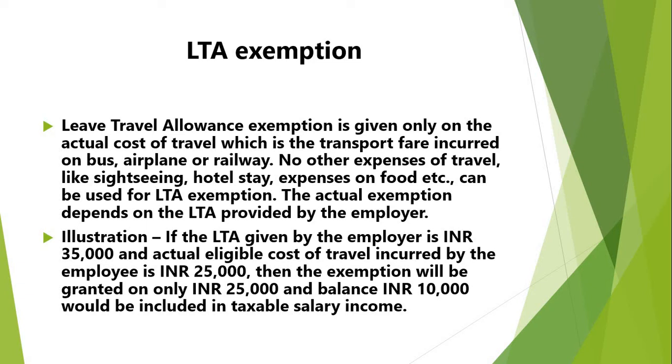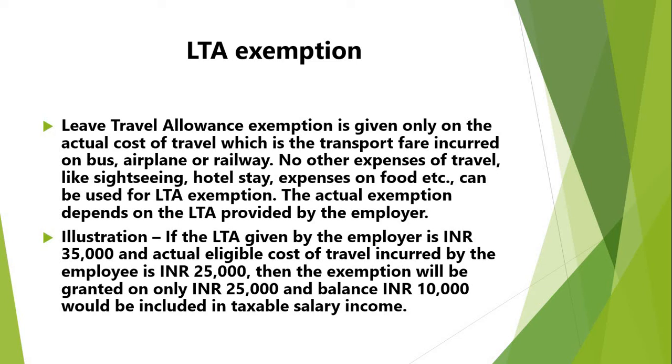The actual exemption depends on the LTA provided by the employer. For example, if the LTA given by the employer is rupees 35,000 and the actually eligible cost of travel incurred by the employee is rupees 25,000, then the exemption will be granted on only 25,000 and the balance rupees 10,000 would be included in taxable salary income.